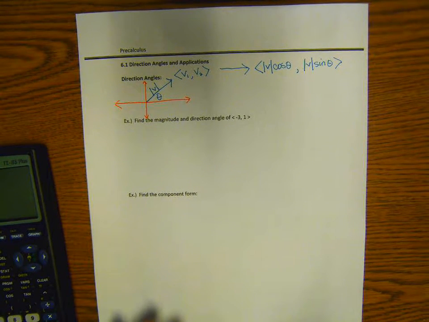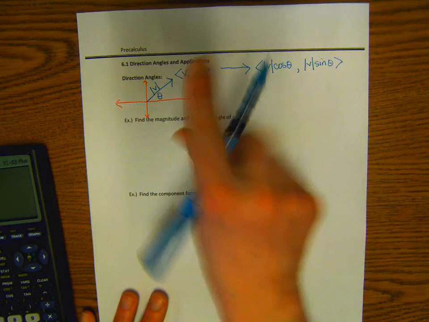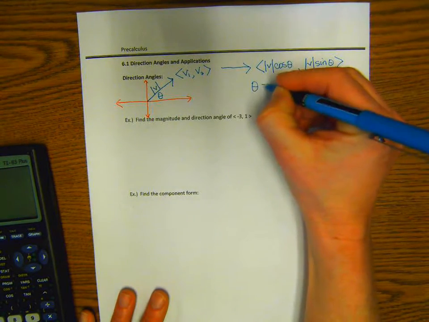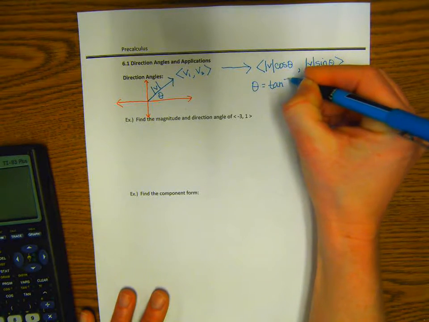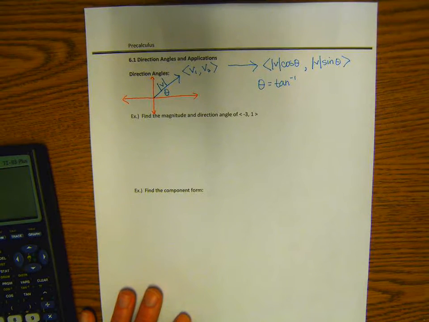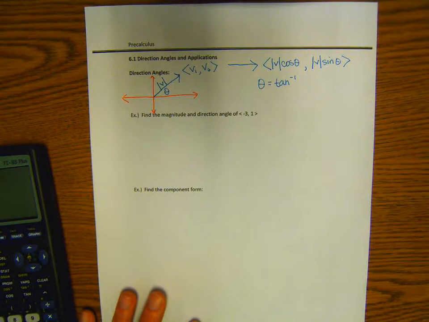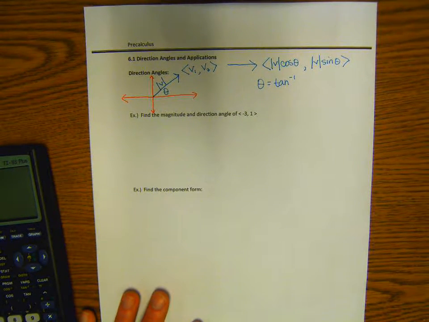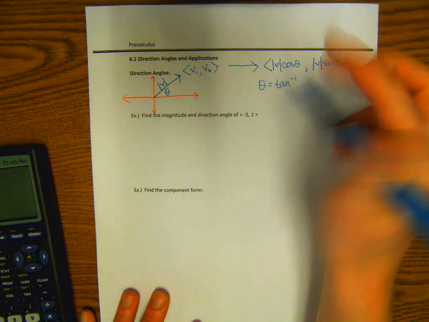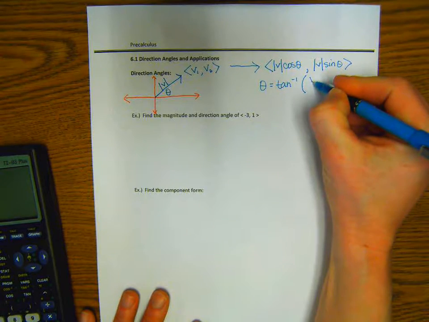So one way, if we knew V2 and V1, is we could say that theta is the tan inverse. Remember, doesn't the tan inverse give us an angle? But what would we need? Which two pieces? Opposite, which is V2, over V1.